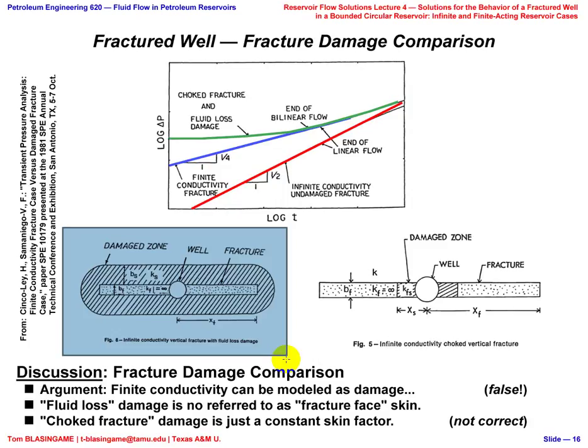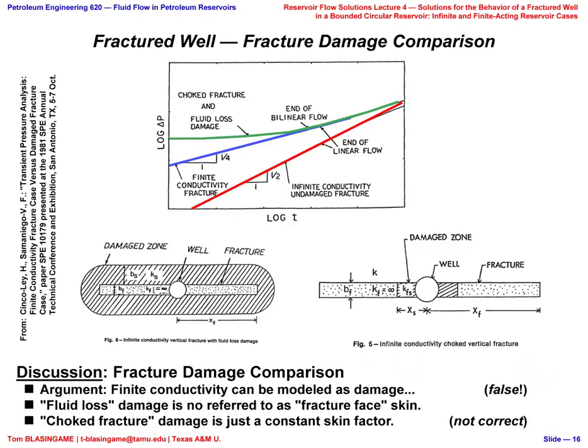So there is a possibility that there could be some, what they're calling fluid loss damage or fracture face skin type phenomena. But for the sake of argument, the finite conductivity solution is definitely independent and valid. It is not simply adding a skin to the infinite conductivity or the uniform flux.